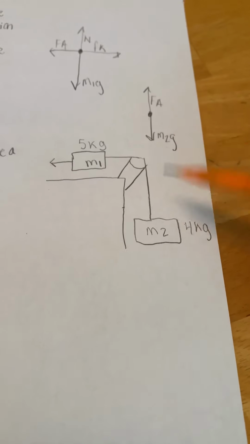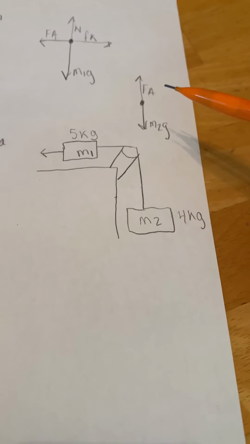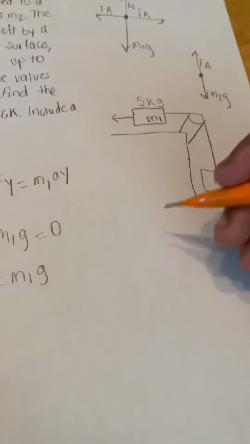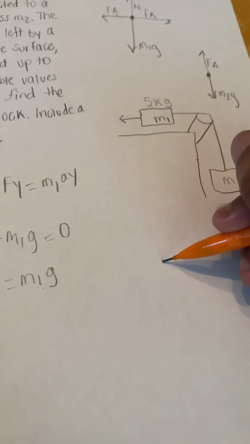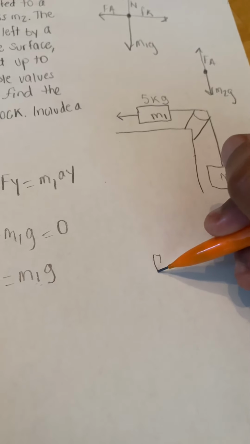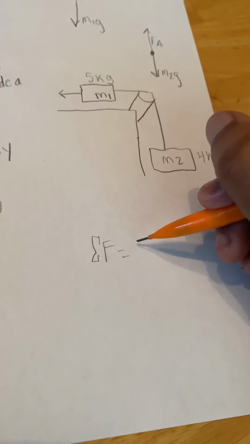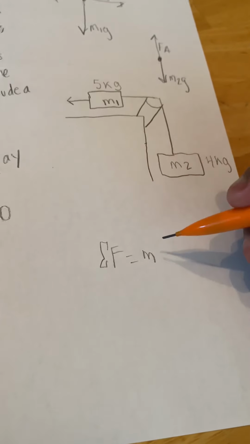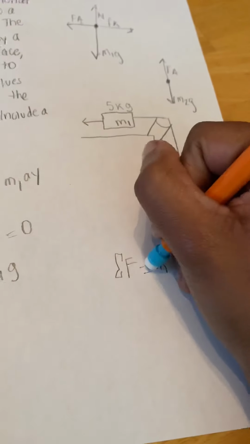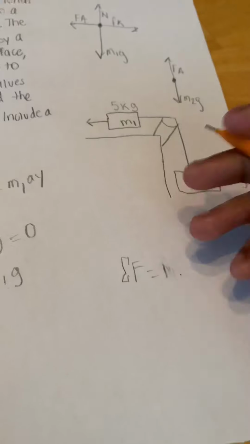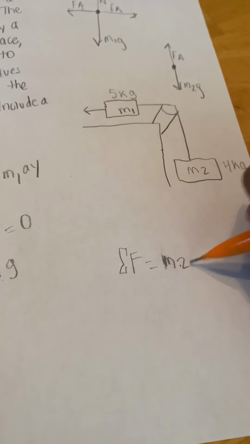And so now we can look at our second free body diagram. The sum of F equals M2a.